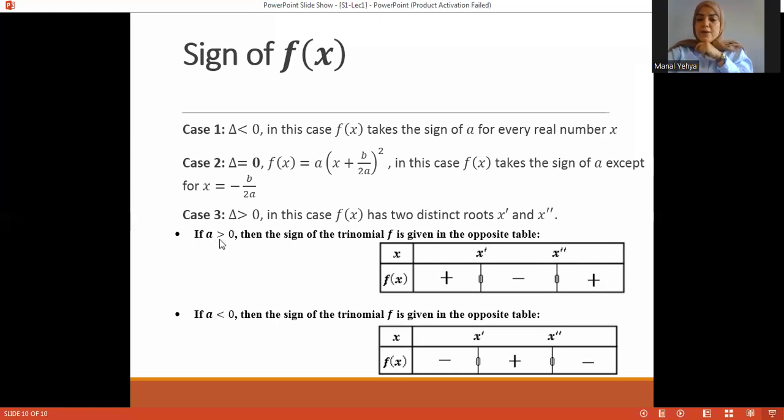If a is positive, inside the roots we have the opposite sign of a. So if a is positive, then this is positive, negative, positive. If a is negative, then inside the roots we have positive and outside negative and negative. I will take an example to make things clear. I will share this. Okay, let us take an example.